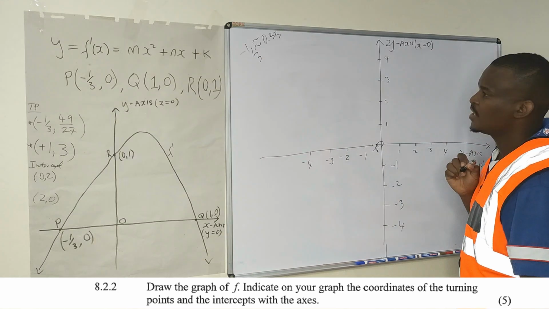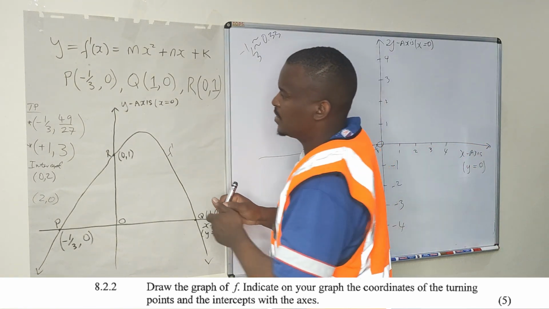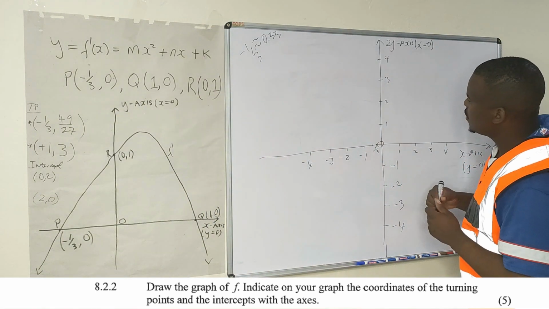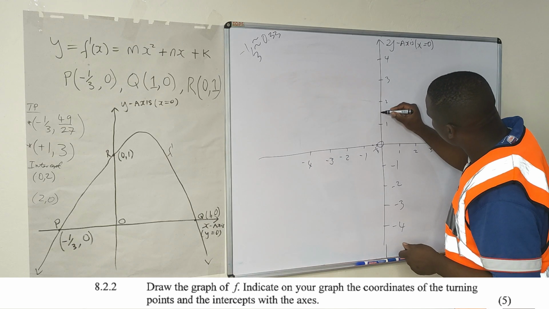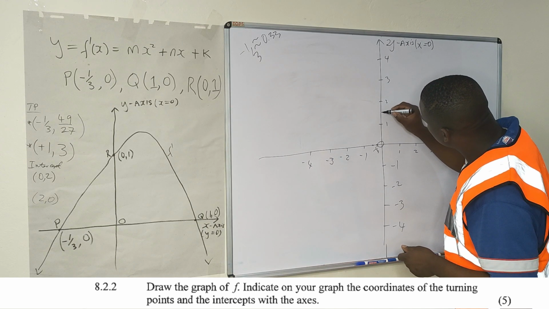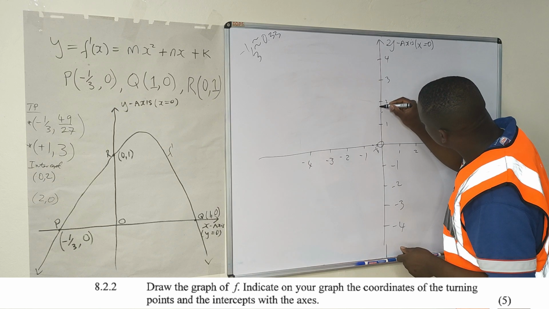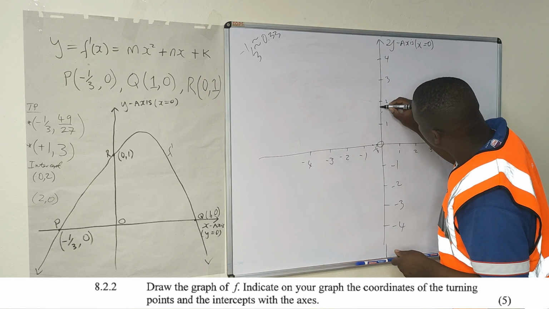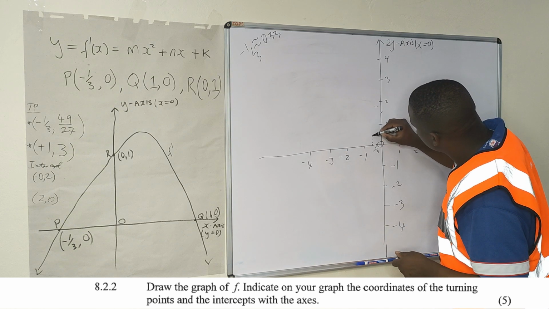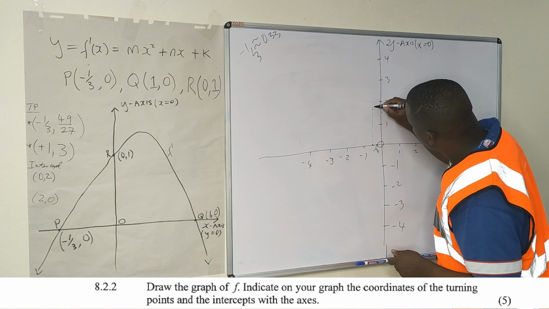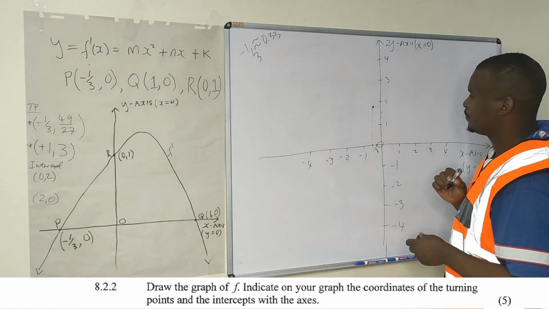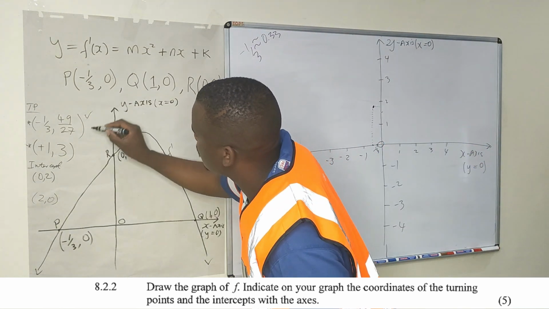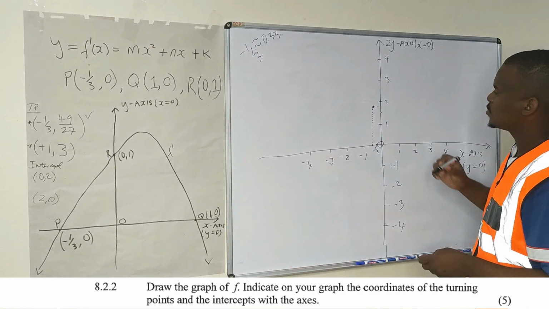This corresponds to about 1.8 something. Say 1.5 is here, and 1.8 is somewhere here. Right? This is your turning point. We're done with this one. Let's go to the next one.